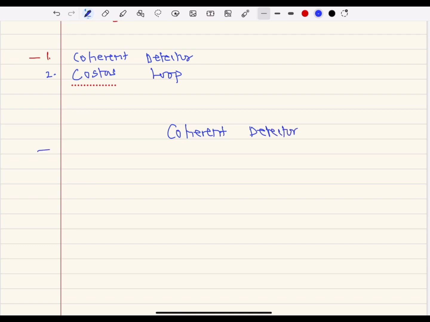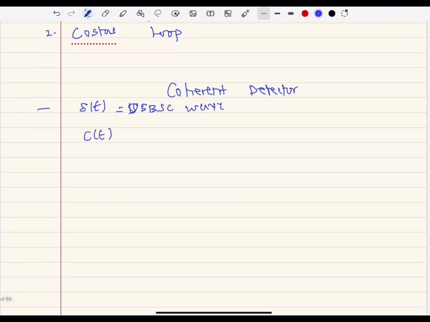Assuming that we have our modulated DSBSC signal, S of t is the DSBSC signal wave. And then we need our carrier wave as usual, C of t. We pass it through our modulator, and from there we'll be able to get our output.